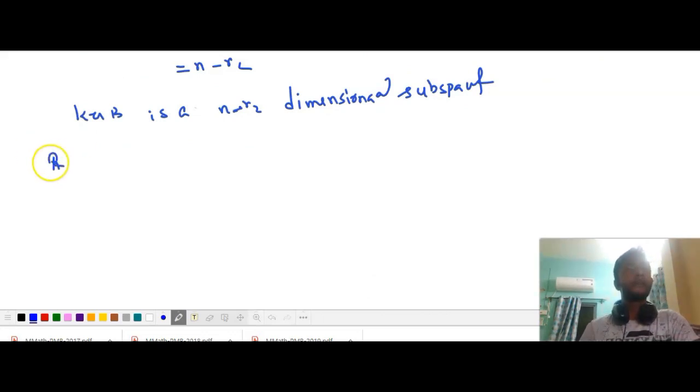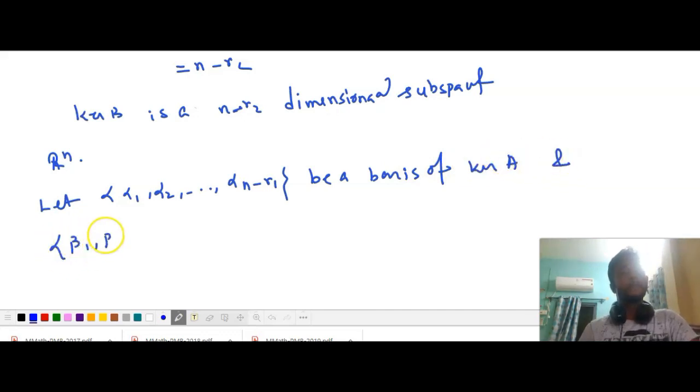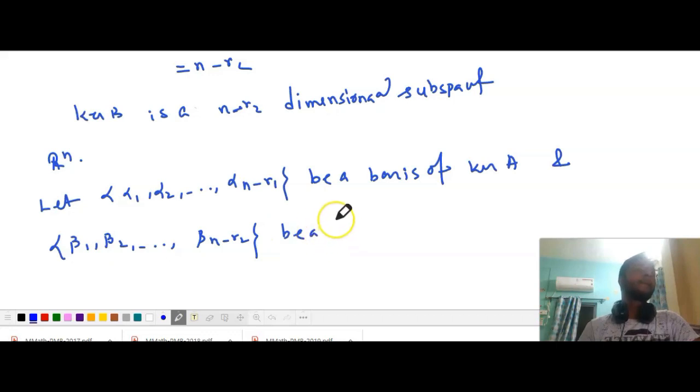right? Now let alpha 1, alpha 2, dot dot, alpha n minus R1 be a basis of kernel of A, and beta 1, beta 2, dot dot, beta n minus R2 be a basis of kernel of B, right?